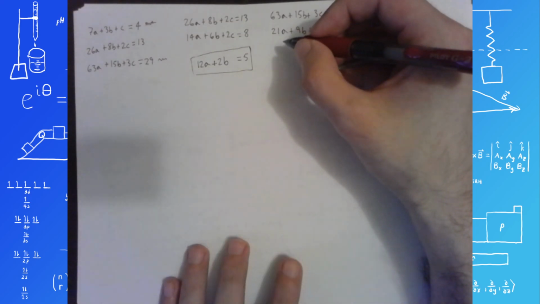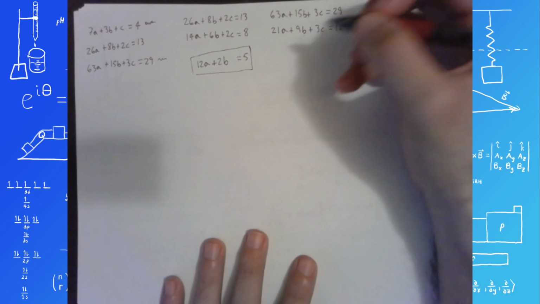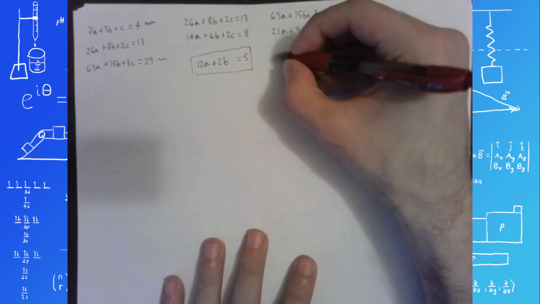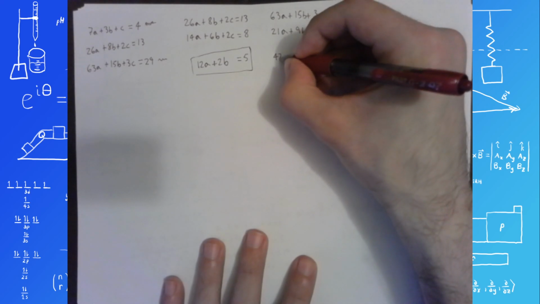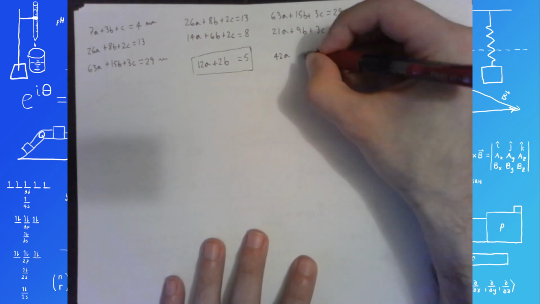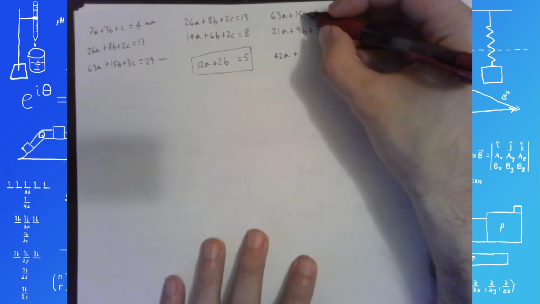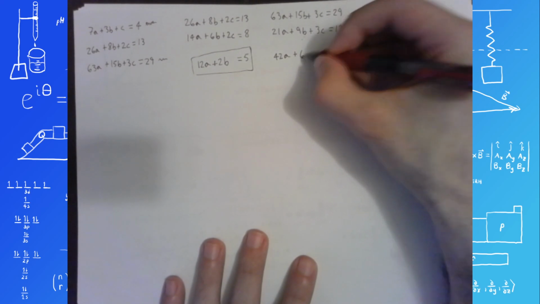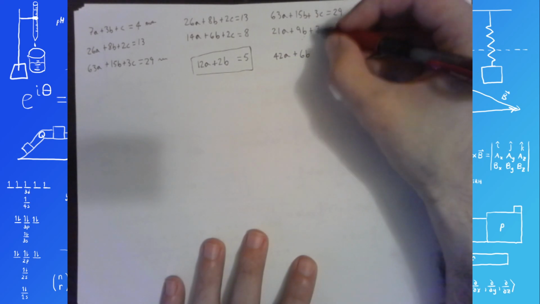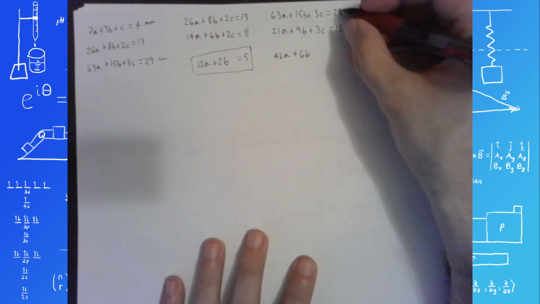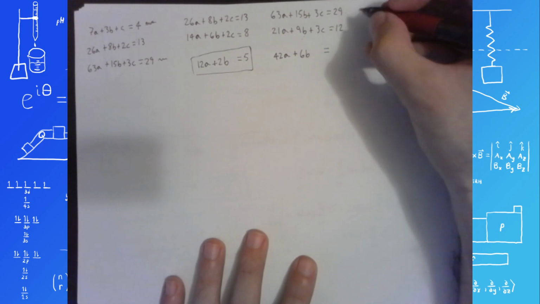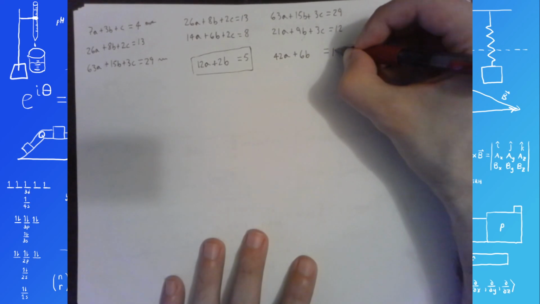Mistakes here are very critical, so sorry if I'm being a bit paranoid. 42a plus 15 minus 9 is 6b. 3c minus 3c is gone, and 29 minus 12 is 17.